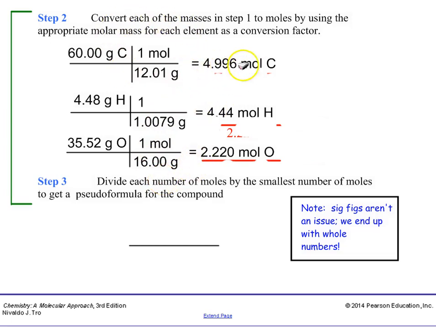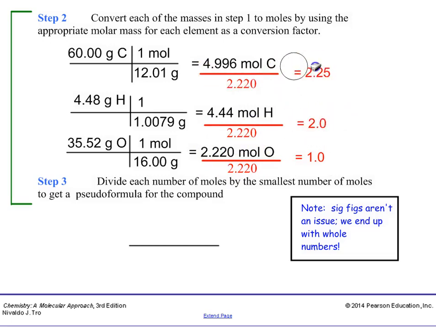So step 2 was to convert everything to moles. Step 3 was to divide each of these 3 answers by the smallest. And it turns out that the smallest was 2.2. And I get what we call a pseudo formula.